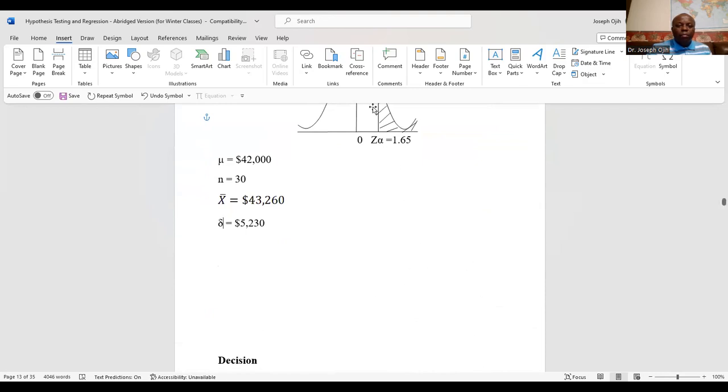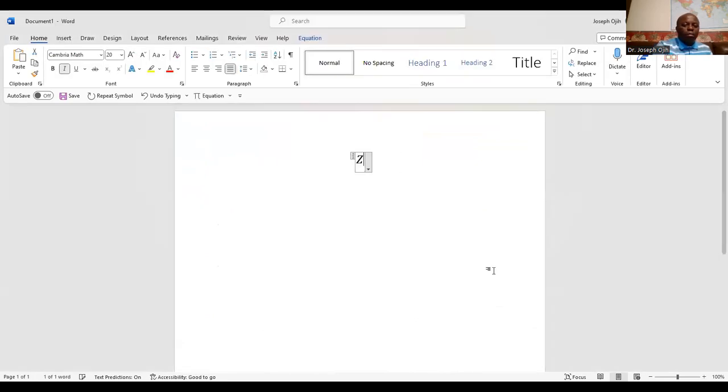I'm going to take you to that workbook where it will allow us to put the formulas in. It's right here. So that's the Z, the Z test.